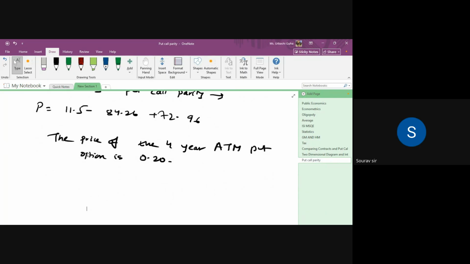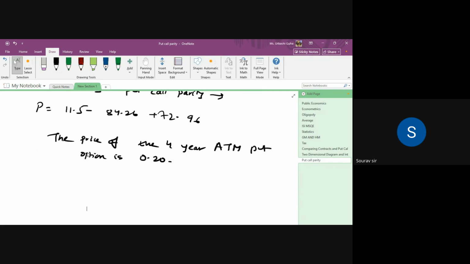Okay. So this is the way we are going to do it. The steps I have also mentioned. Should I repeat? No, it's okay. 72.96 plus 7.